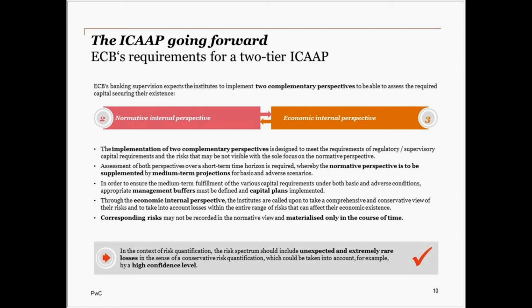It also comprises governance tools and processes, and obviously there's also some stress testing which should be part of the ICAAP. What is very important to mention at this point is the fact that the ICAAP is currently under review, and the ECB has articulated a number of changes, a number of ideas on how the ICAAP will be changing going forward.